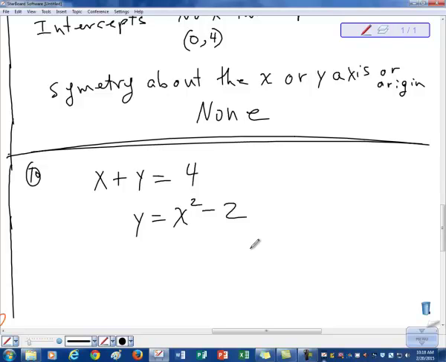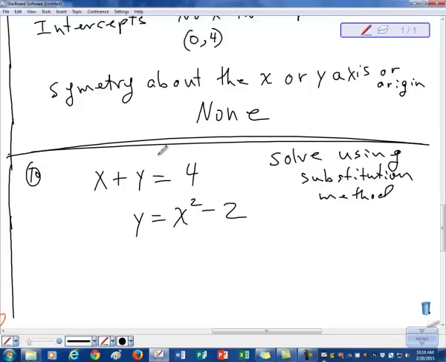Alright, and we want to solve using the substitution method.